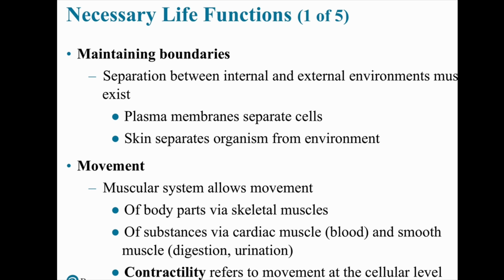So this is an external movement, moving through the environment, as opposed to movement of substances via cardiac muscle, so the movement of blood, or the movement of food or other materials through smooth muscle. This type of movement is internal. Contractility refers to the movement at the cellular level.